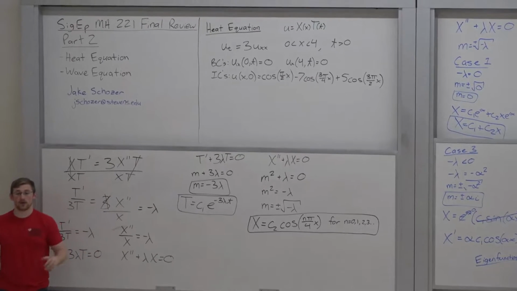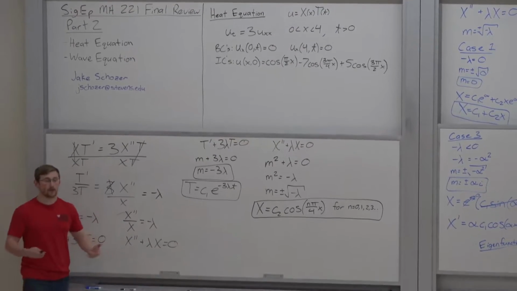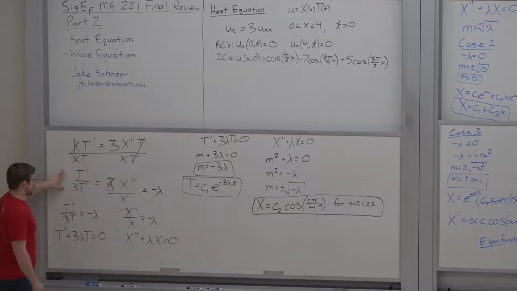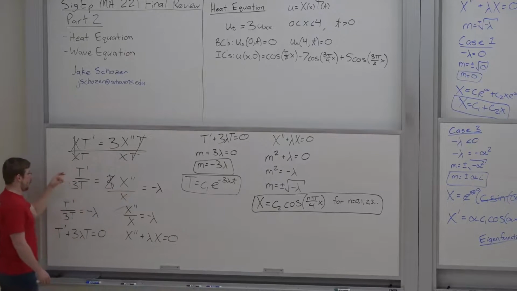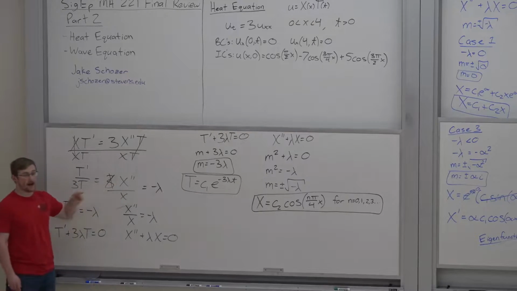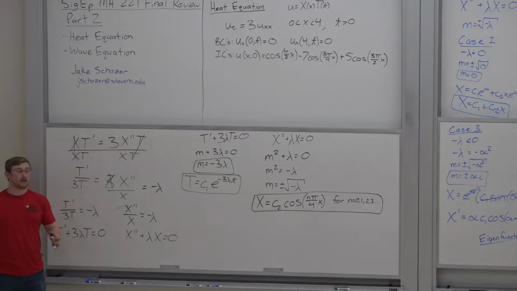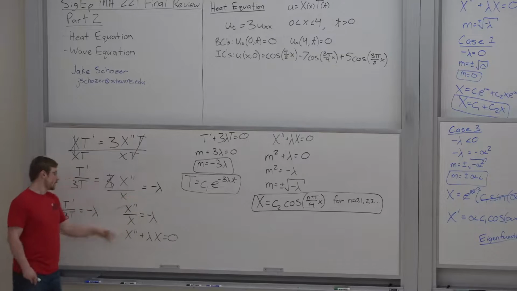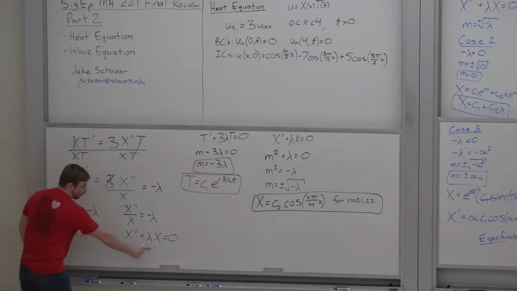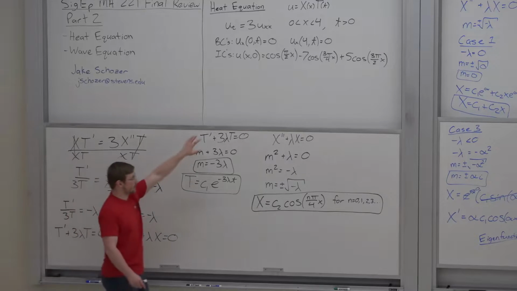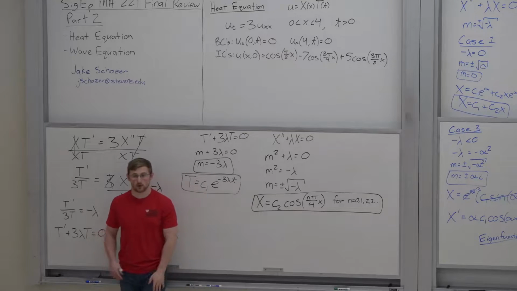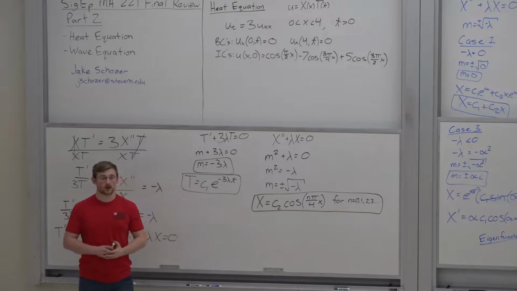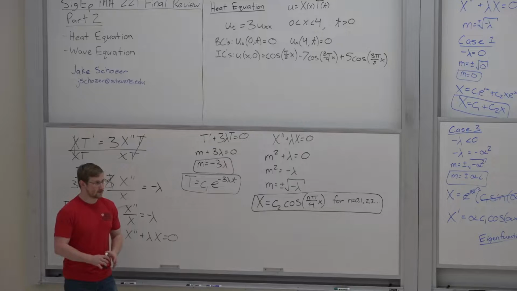And I divided the whole thing by u, which is capital X times capital T. That got me to this point where all of my t's are on one side and all of my x's are on the other. At that point, I set it equal to this constant, negative lambda, so that I can write 2 separate ordinary differential equations to then solve to find what the solutions to each of those equations are. Make more sense?